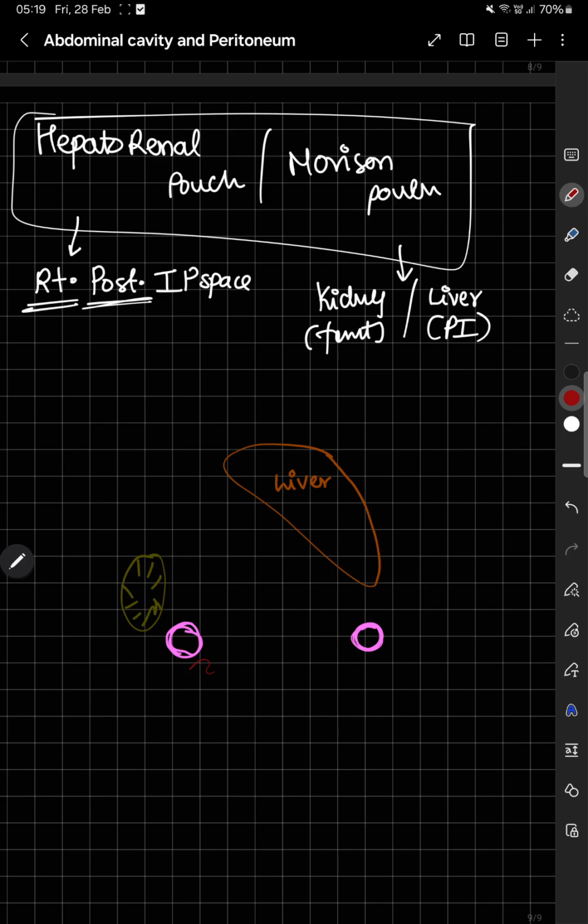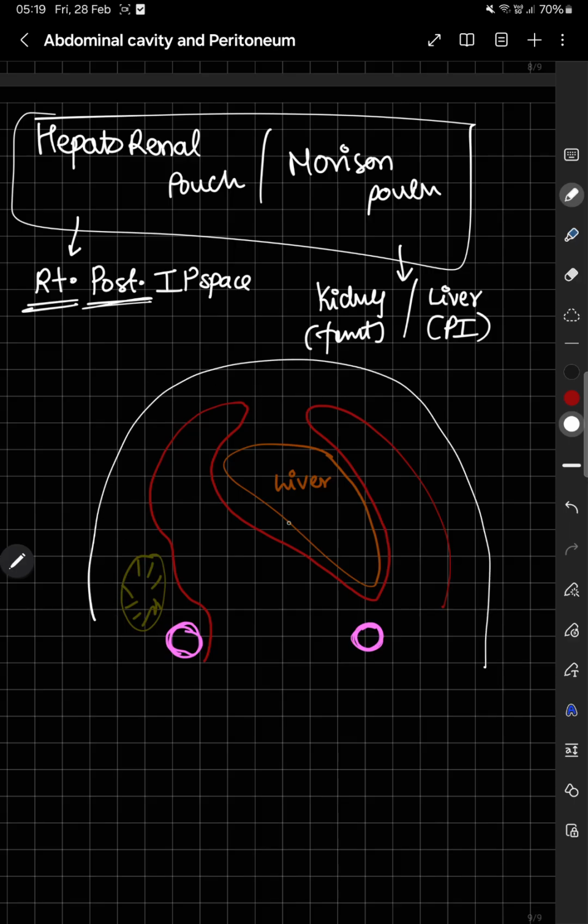So now we have the peritoneum that covers like this. This is the whole covering. So we have the liver, we have the right kidney. This would be our hepatic flexure of the large intestine, and this one would be our transverse colon.